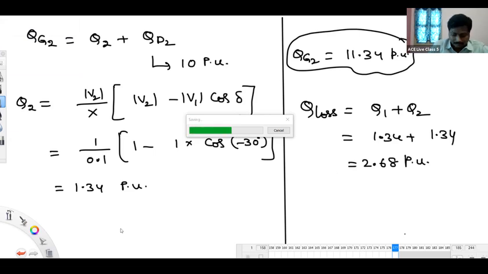Is it B or C? C is the correct option. But without doing these calculations, can you tell which option is correct? Is it possible?